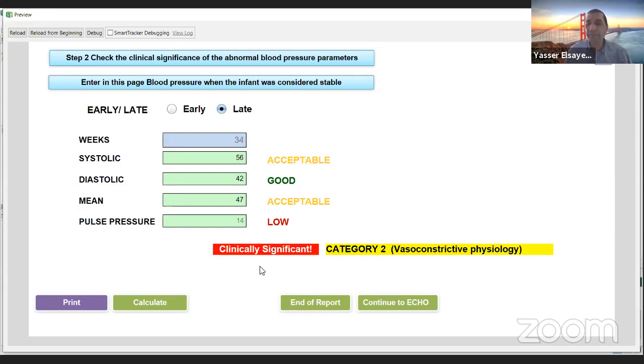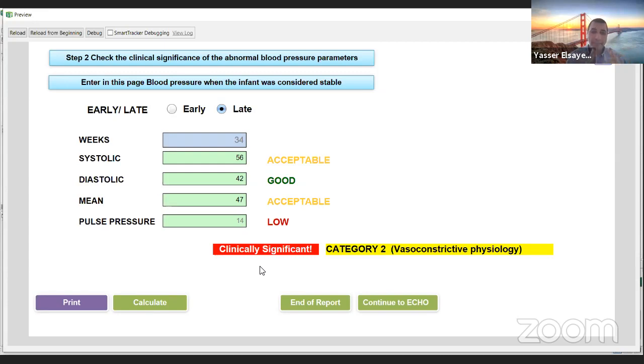Why clinically significant? You have oliguria, and you have a significant difference between the blood pressure when the infant was stable and now, after the procedure or sometime after. So you have a significant drop of blood pressure or significant further narrowing of the pulse pressure. It is clinically significant because if you have either oliguria or lactic acidosis, it is significant decompensation.